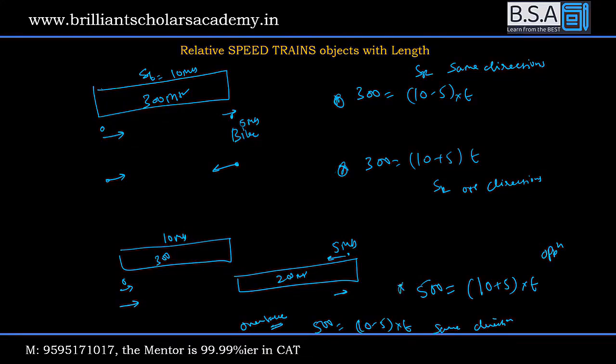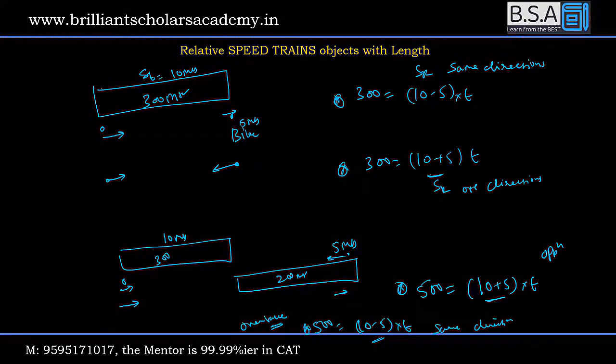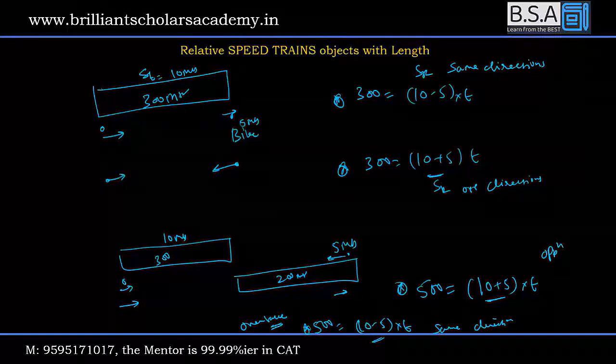You can simply use relative speed: opposite direction add speeds, same direction subtract speeds. That's all. Length will always be added.